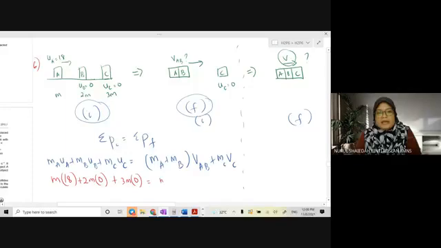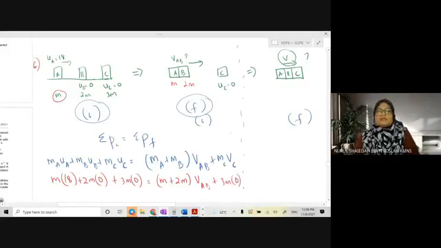MA mass is M, MB mass is 2M, so the same here. Mass is not different. So VAB we don't know. MC is 3M but VC remains 0 because it is static, not moving.